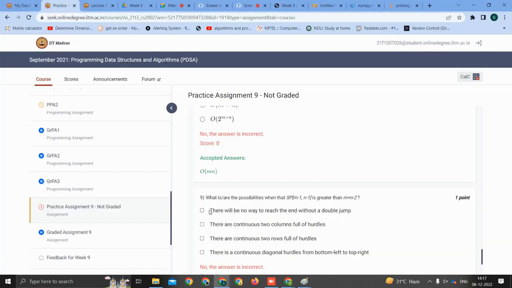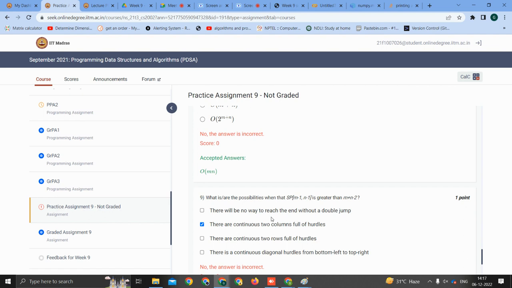Okay, coming to this question, greater than 13. And the second one could be right there: if there are 2 continuous columns full of hurdles, then you won't be able to reach the point at all, right?